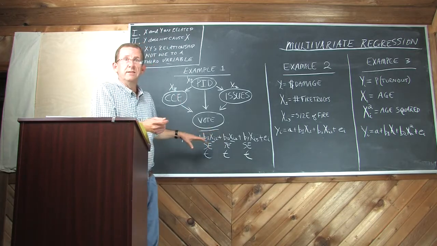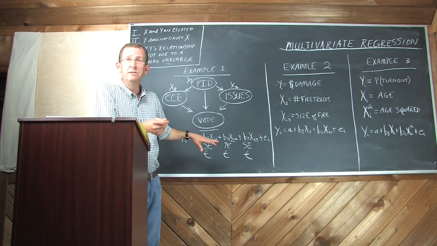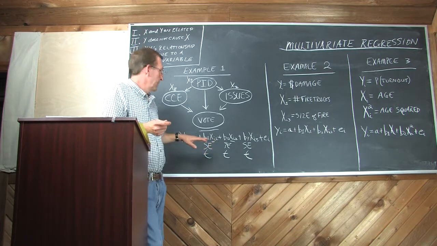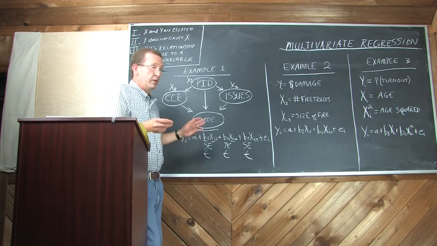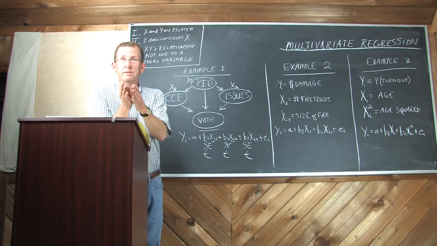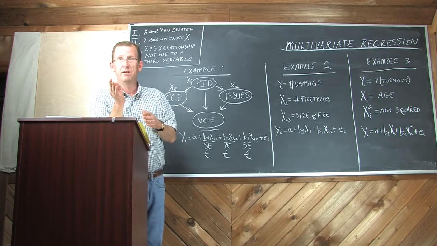You're looking for a t-statistic that's bigger than 2, more or less, which would then produce a p-value, each one of them, less than 0.05.